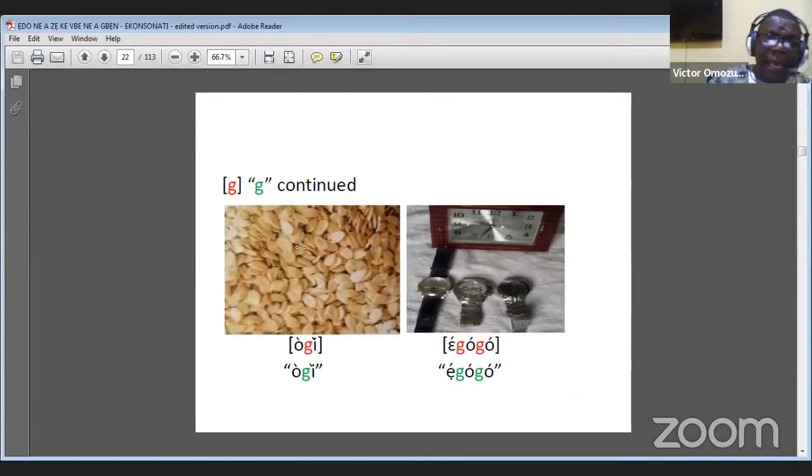Then a guinea over there, Ogi. You have the picture of Ogi there, and then over there, Egogo. So it's appearing two times here because you have a three-syllable word. The first syllable is E, the second is go, and then the third is go. Then we move on.